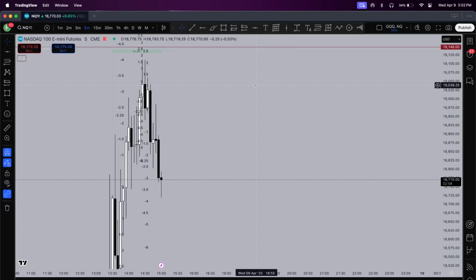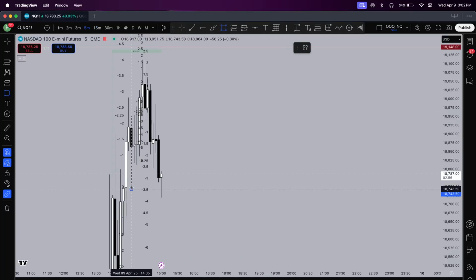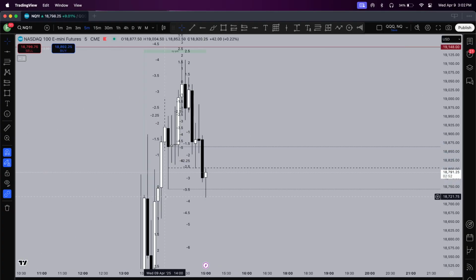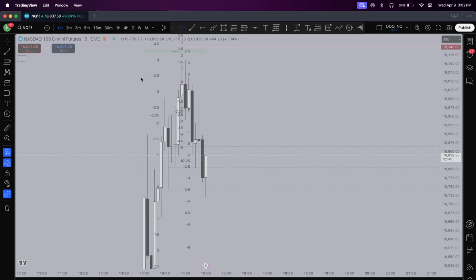So I checked the 5-minute first. We had this 5-minute wick, and since it's a pretty big wick, right? I wanted to take the CE of it. Also, because we had engineered liquidity right there, and it was pretty good.